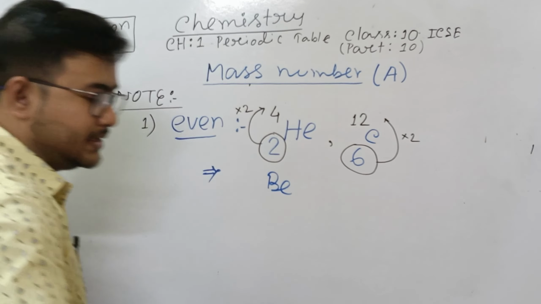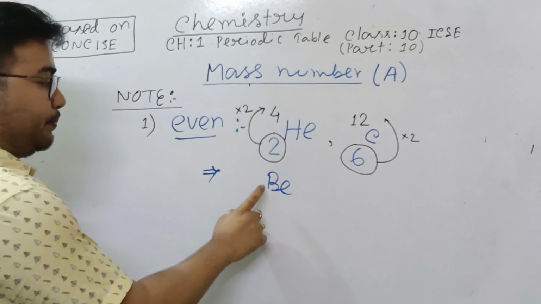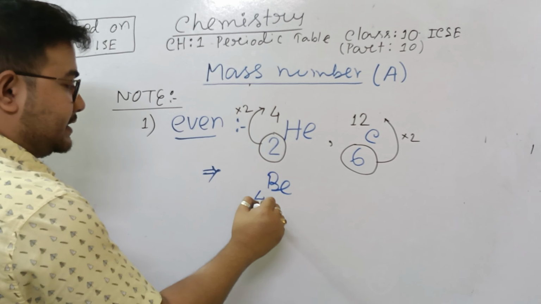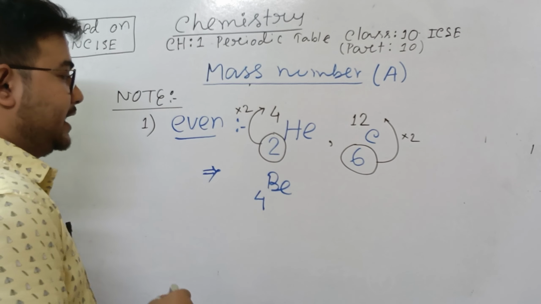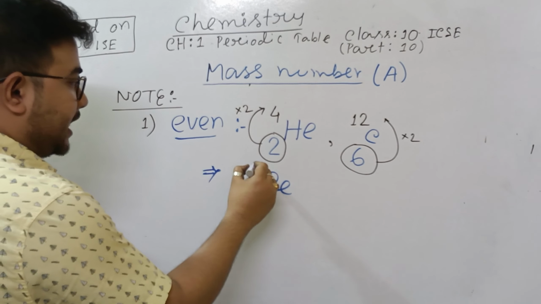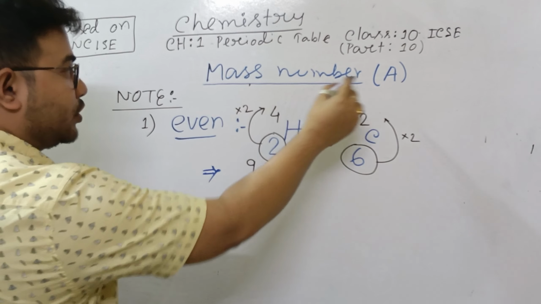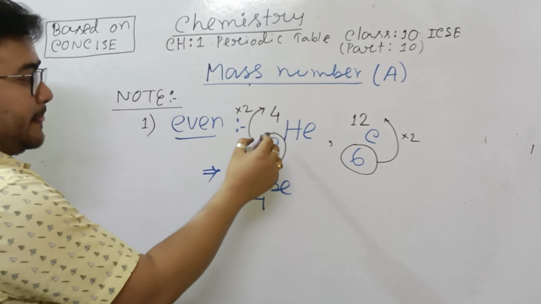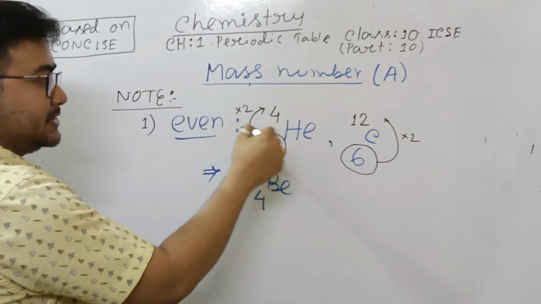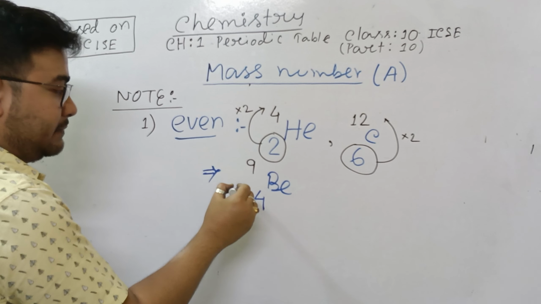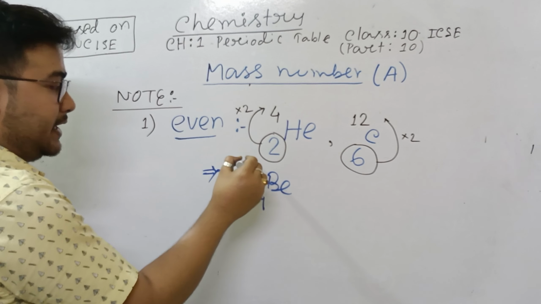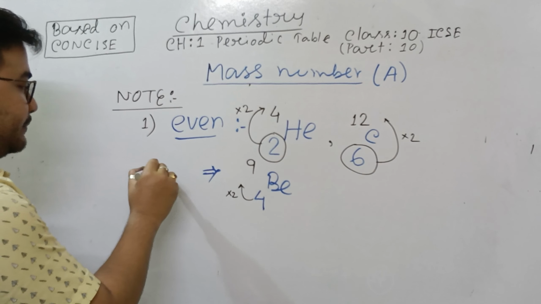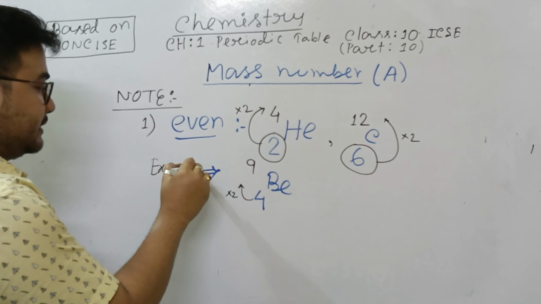The number of protons in beryllium is 4, but its mass number is 9. If you multiply 4 into 2, it becomes 8, but the mass number of beryllium is 9. So this is an exception.